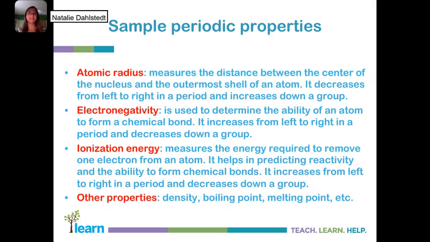Here are some sample periodic properties. The atomic radius, for example. It measures the distance between the center of the nucleus and the outermost shell of an atom. It decreases from left to right in a period and increases down a group.